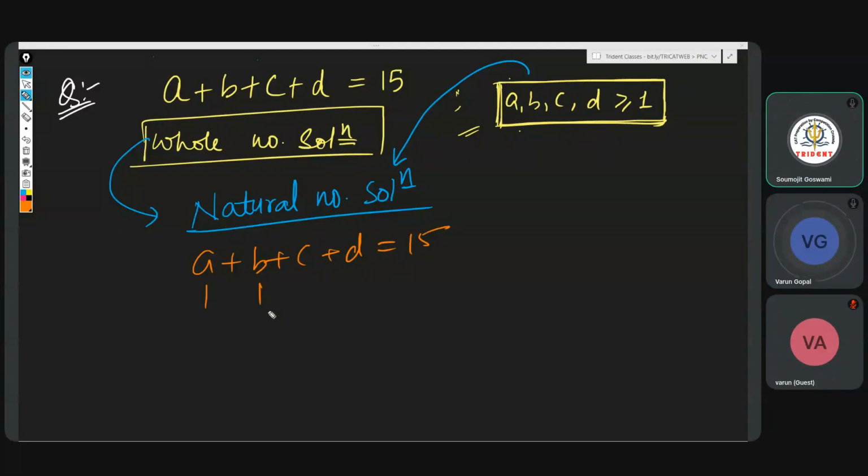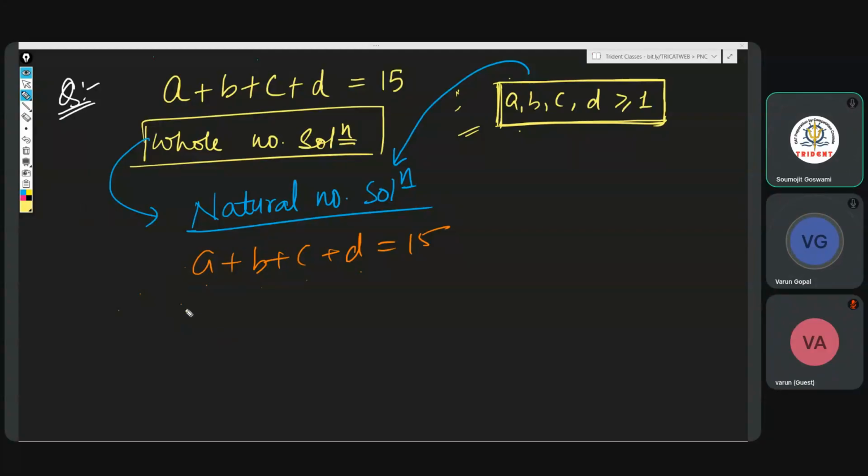Acha, give all of them 1. Substitute everything as 1. A as 1, B as 1, C as 1, D as 1. 0 is not allowed. Please understand what I'm saying. I may be able to knock it off in a jiffy right now, but now you will be able to understand this.